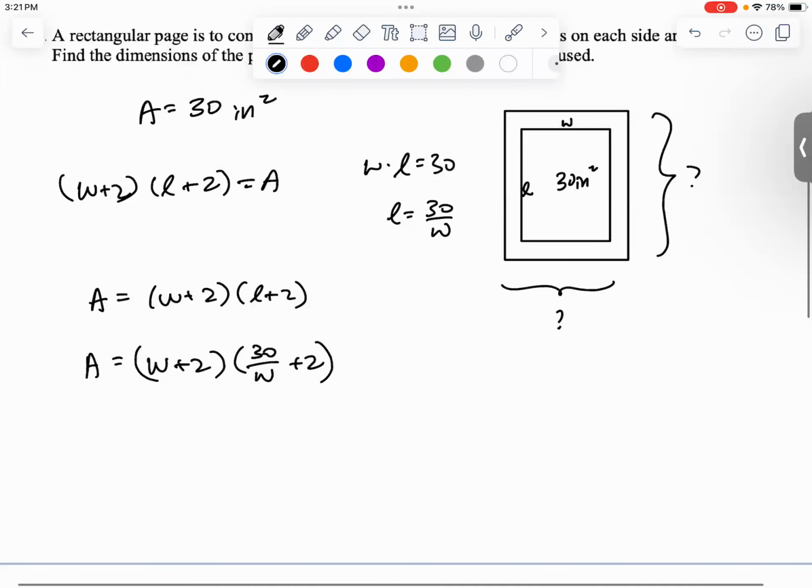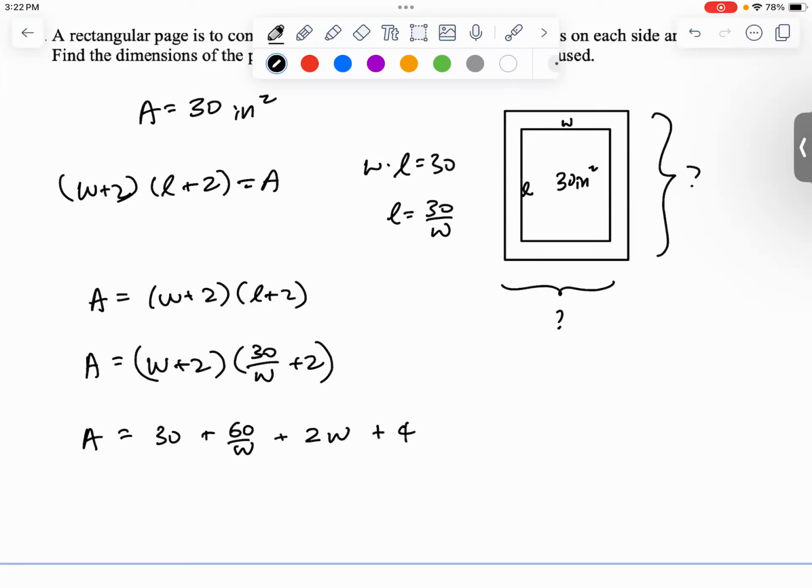Okay. So I would need to FOIL, so it'd be 30, and then plus 60 over W, plus 2W, plus 4. Okay. And if I do the A prime right here, the 30 and the 4 would just go away. So I've got myself negative 60 over W squared.